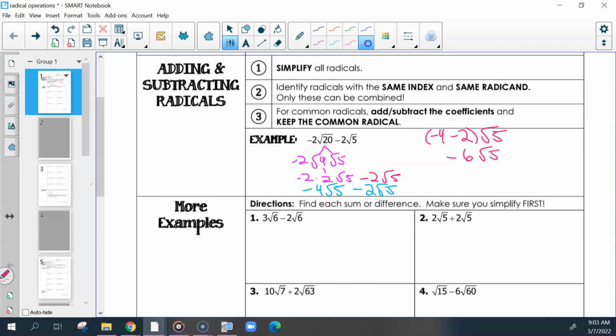This one, the original, and then this one, and see if they match.